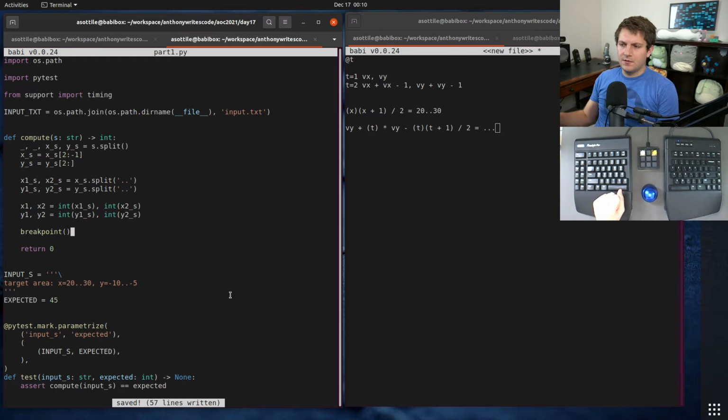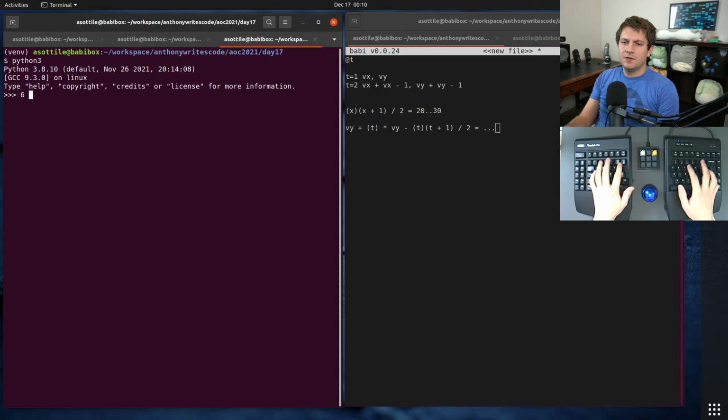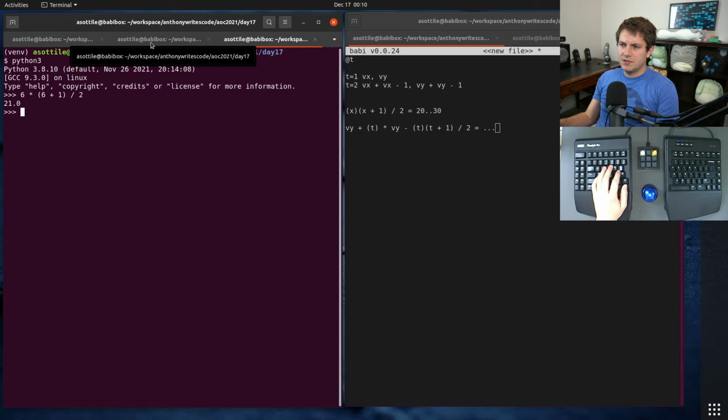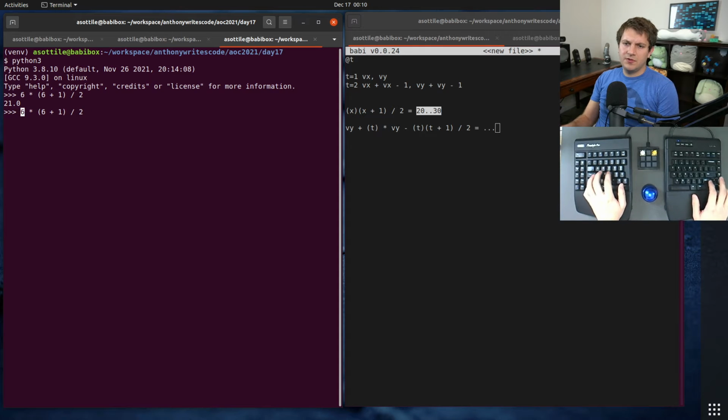Anything greater than that. Okay, so let's see what those numbers give us. So if we have 6 times 6 plus 1 over 2, 21, which gets us into this range. But if we had done 7, 7 is 28.